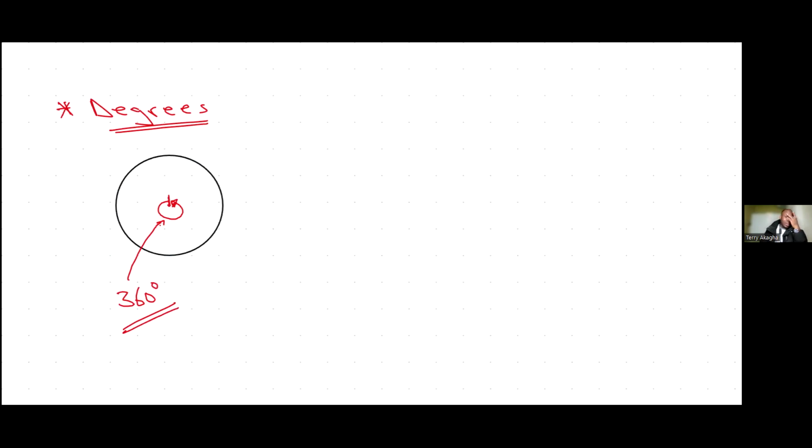Another thing we need to keep in mind is that degrees is not the SI unit for measuring angles, but it's one of the measuring systems for measuring angles, okay? So before I go further, let me write down what I just said so that students can take notes.